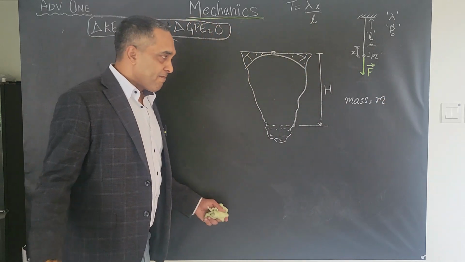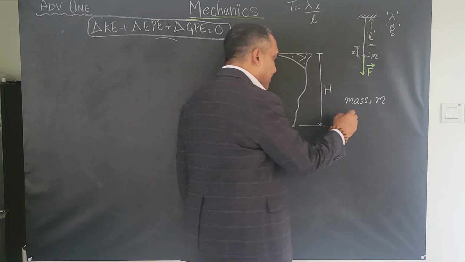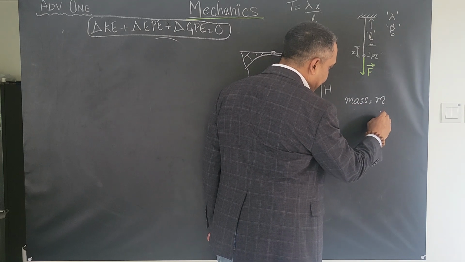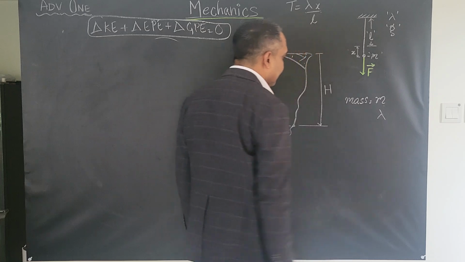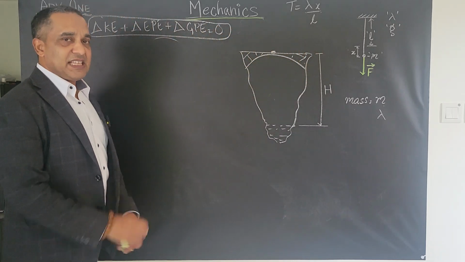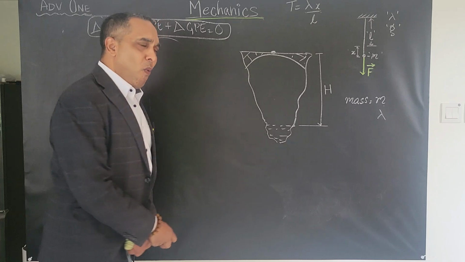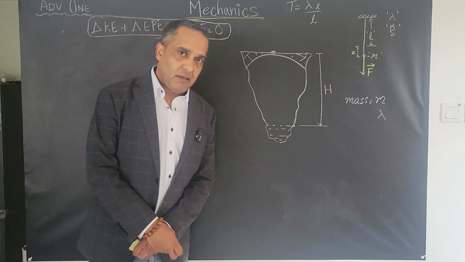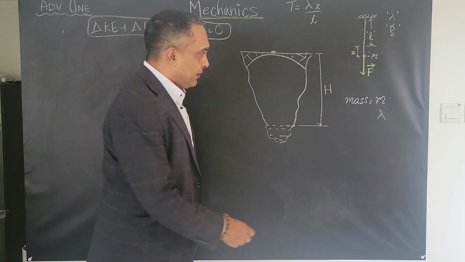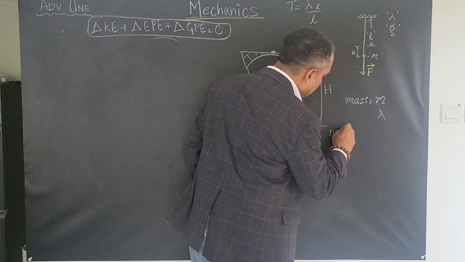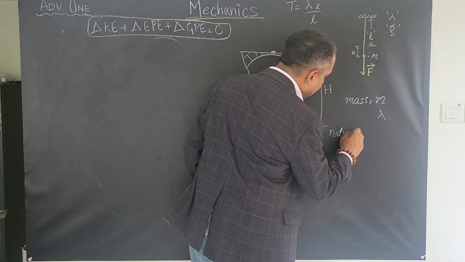And he says, hey, I have all these different strings, all of modulus of elasticity lambda. And he asks you, because you really know physics and math, what is the length L, natural length? Remember the term natural length.